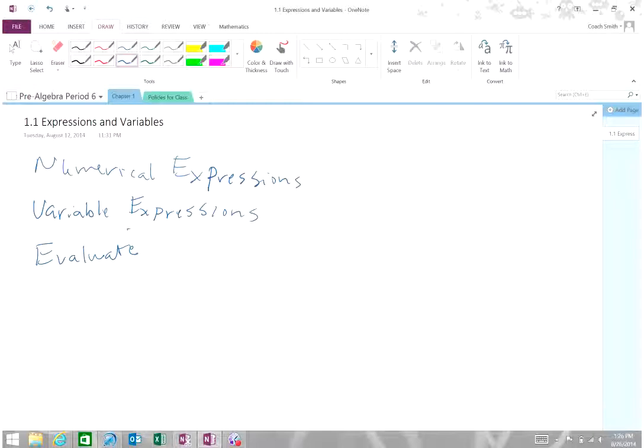Those are the three things that we've got to really make sure we get down in this section, because those things are going to be used throughout the book. Those terms, what we do with those things, they're going to be used throughout this book.